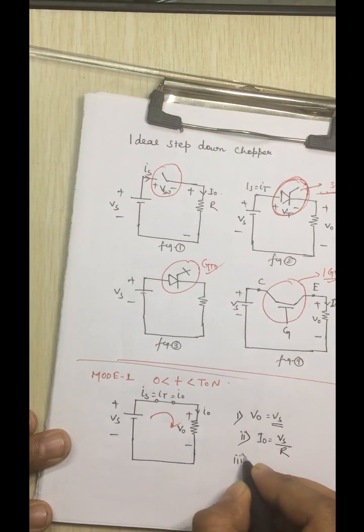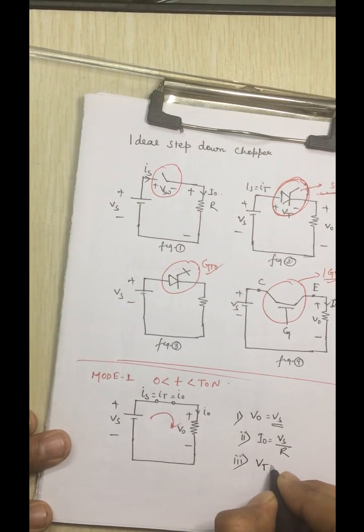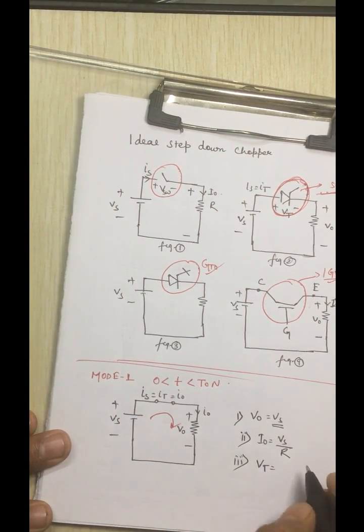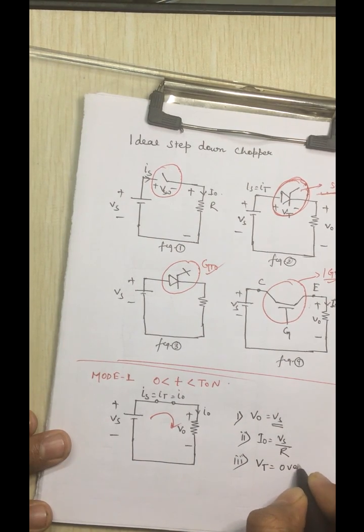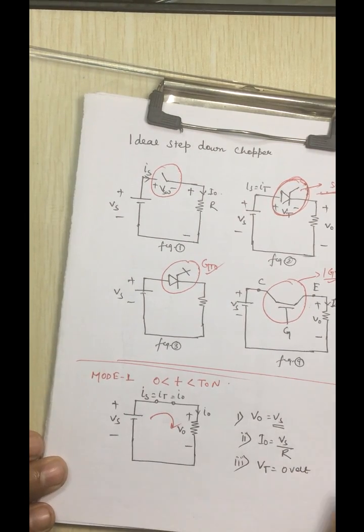And as I am assuming the ideal switch, the voltage drop across the thyristor or any switch will be 0 volt. I hope you are all clear with this diagram.